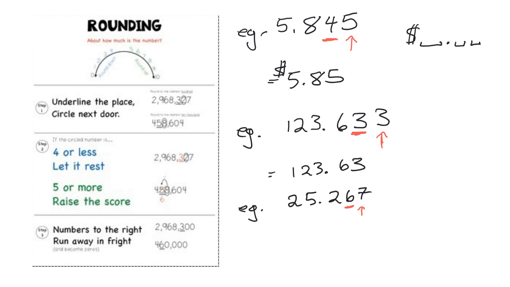So we have 25.26 and 7. So the rule is 4 or less, let it rest. 5 or more, raise the score. Let's try that one more time. So we're going to write 25, and then we're either going to make this be 26 or 27. So we have 26. There's a 7 after it, so we have to write it up to 27, and we're done.